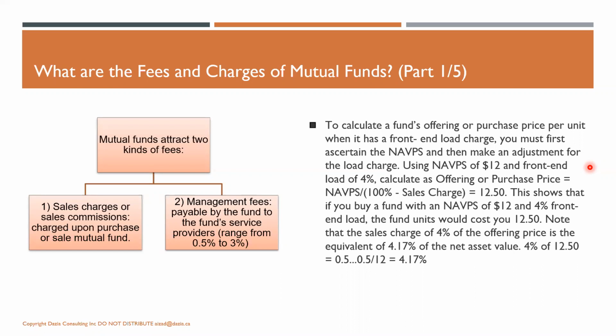The calculation is 12 divided by 0.96, which gives you 12.5. We'll do the calculation again later, but the sales charge is mainly saying that if you buy the mutual fund, you are going to pay an upfront cost, and that makes it more expensive when you buy. Instead of paying $12, you will pay $12.50. This is the concept of the sales charge, called the front end sales charge.